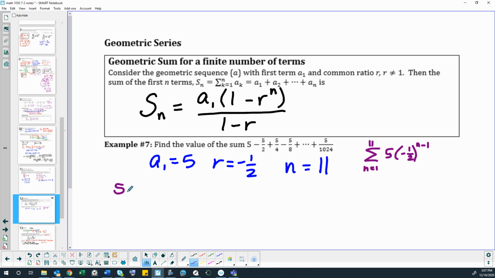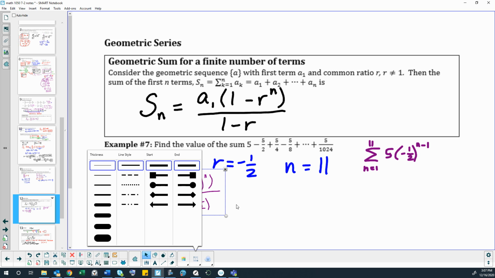So the sum of 11 terms is going to be 5 times 1 minus -1/2 to the 11th power, all divided by 1 minus -1/2. Now the fact that it's a -1/2 is really important right here. Well, it's important in this whole problem.